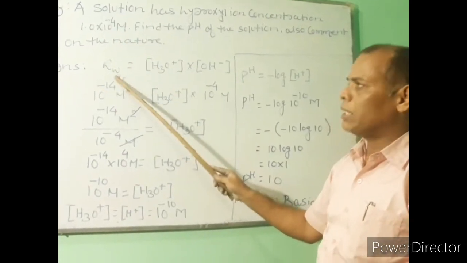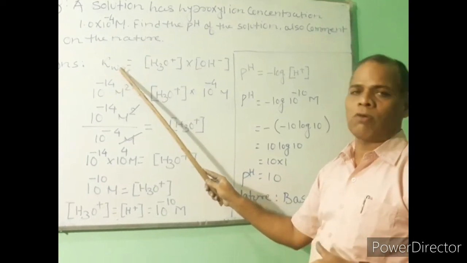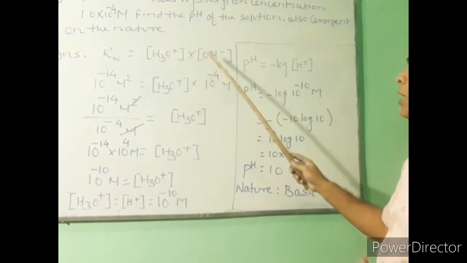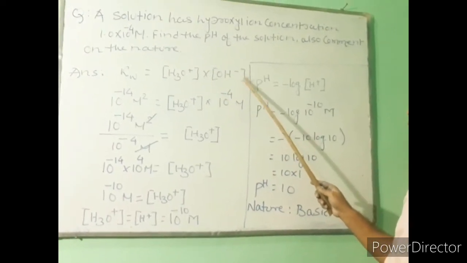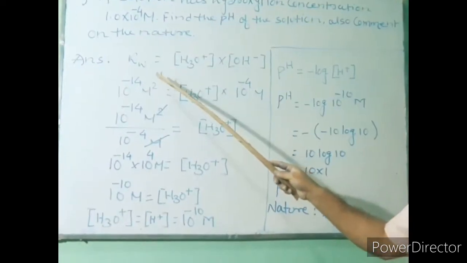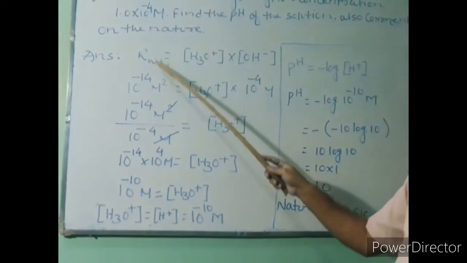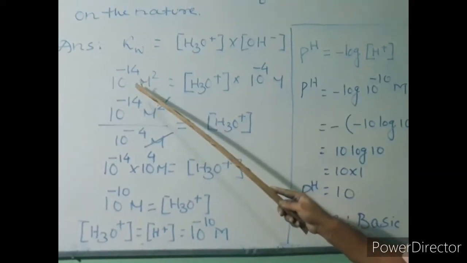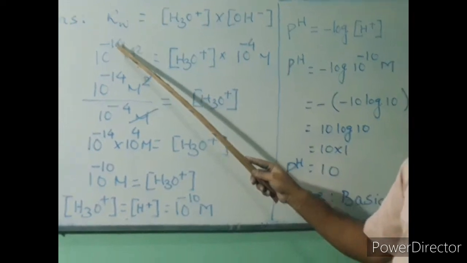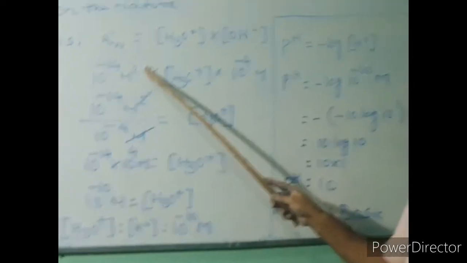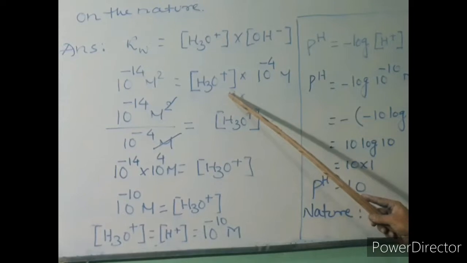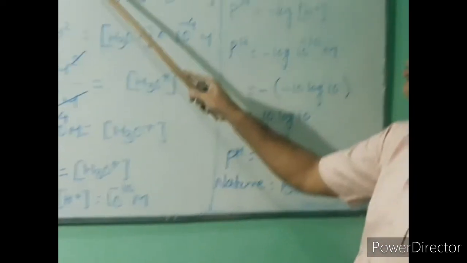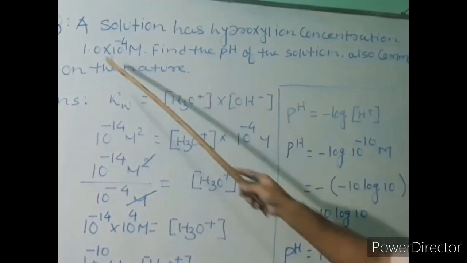So that's why we make use of the ionic product of water, equal to the concentration of H3O+ into the concentration of hydroxide ion. We have just found the value of the ionic product of water, which is 10 to the power minus 14 molarity square, equal to the concentration of hydronium ion times the concentration of hydroxide ion.